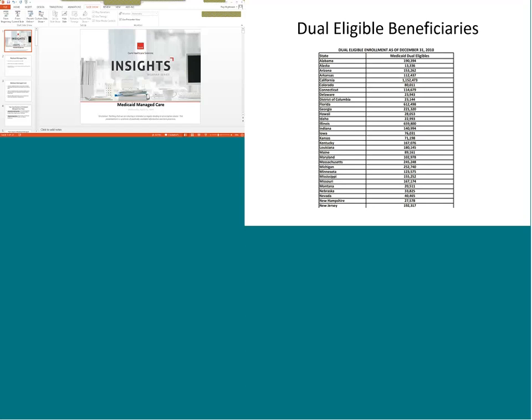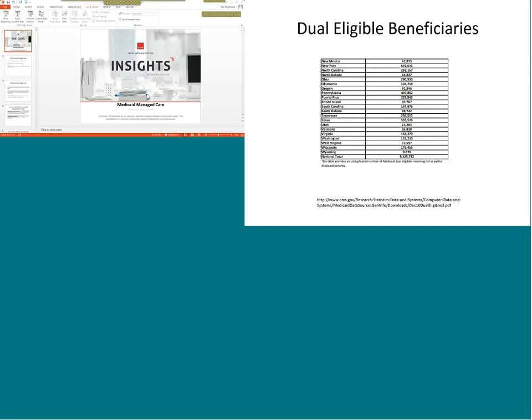Out of all of the states that have a dual eligible plan, you can see that California has quite a few, and Illinois, Florida, Pennsylvania, New York.